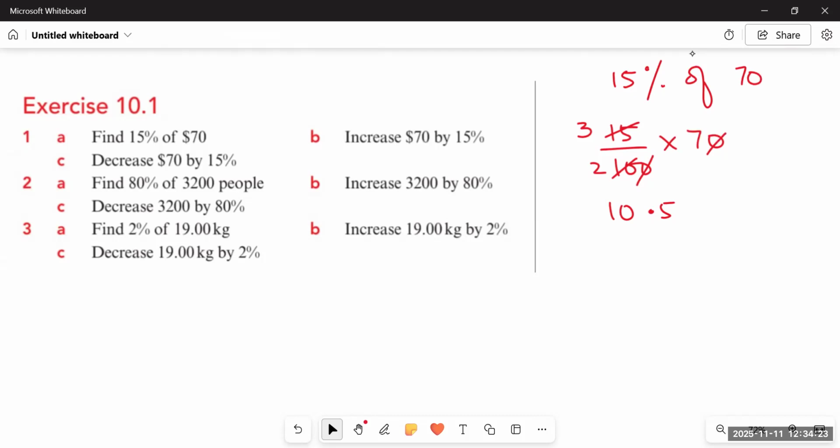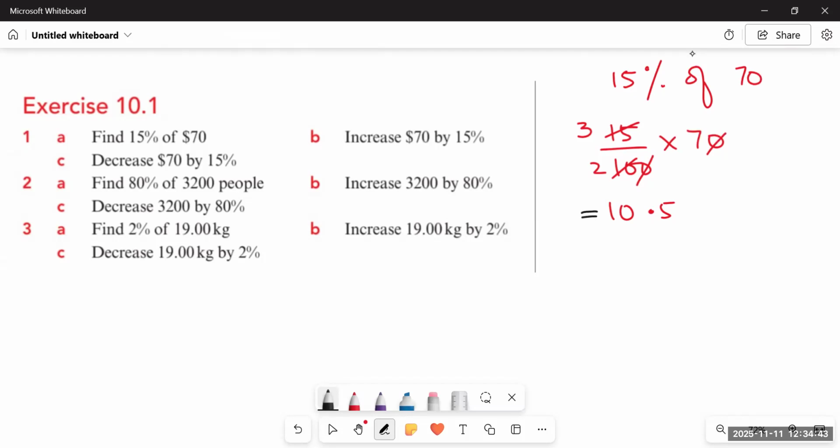Now, after finding 15% of 70, we have to increase $70 by 15%. The total is 70 and we have to increase it by 15%. What would be the number after increasing it by 15%? The 15% of 70 is 10.5.